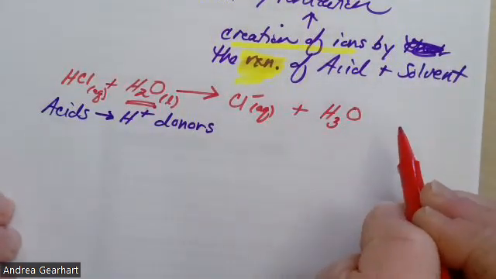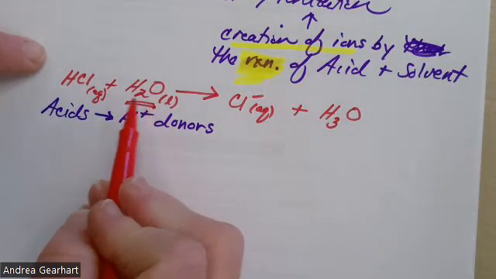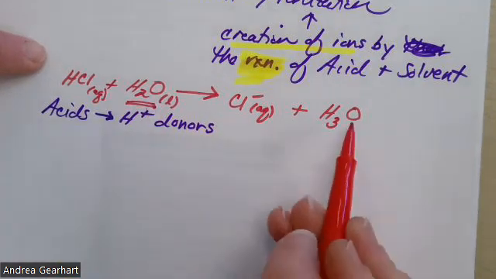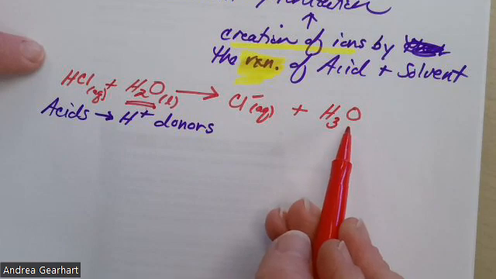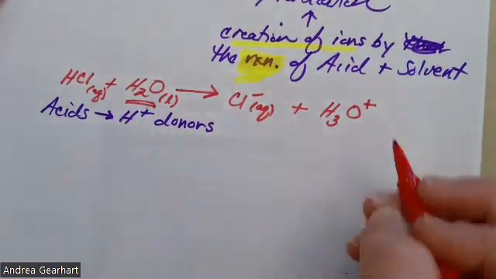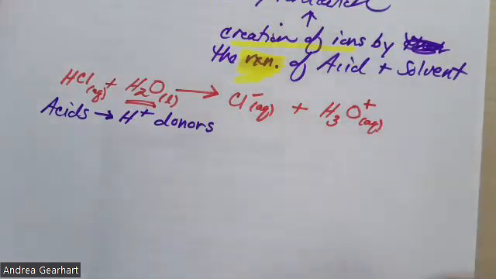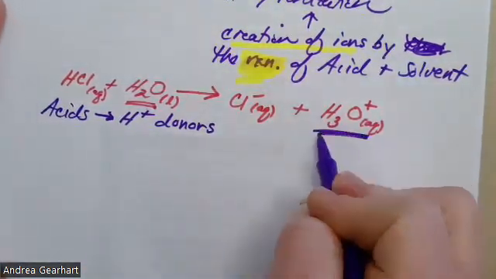We added H plus to a neutral compound, what's the charge? Yep. All right. So ladies and gentlemen, when we say acids taste sour, when we say they're very reactive with metals, it's this.